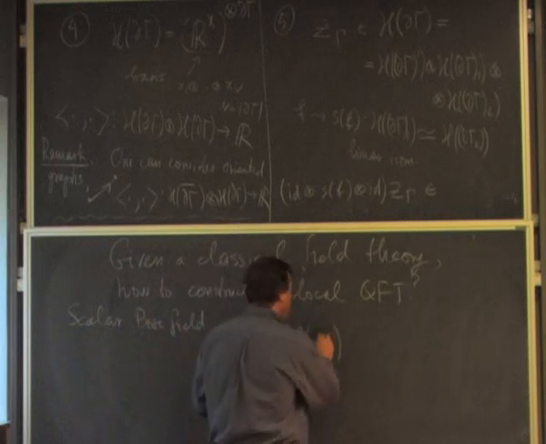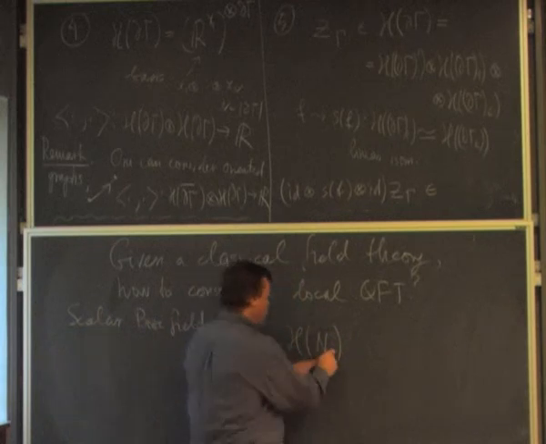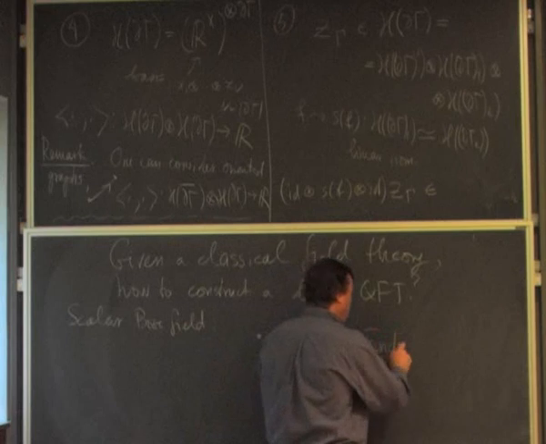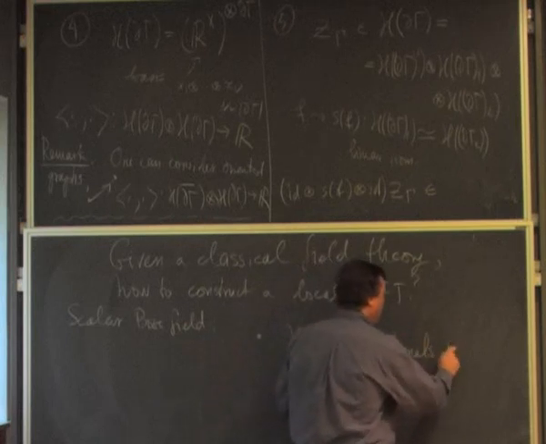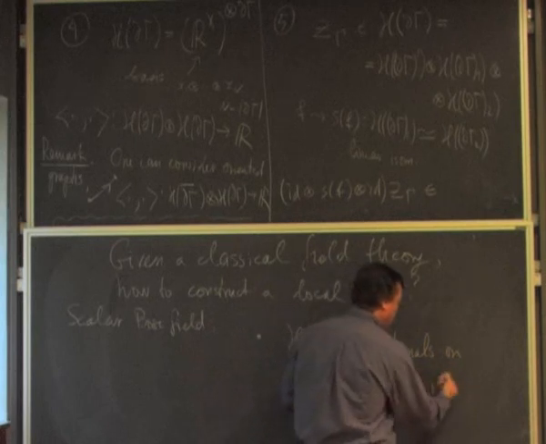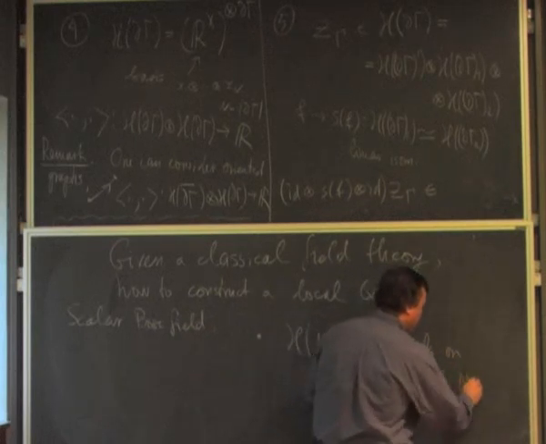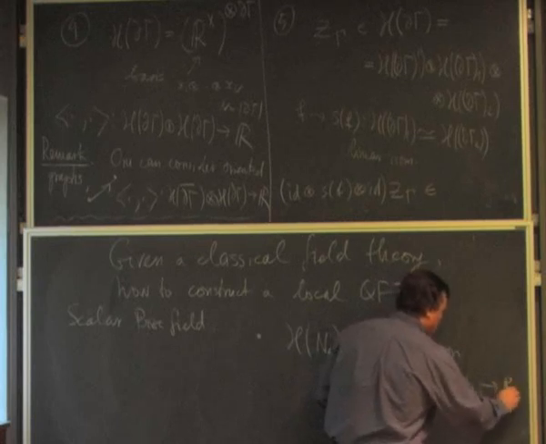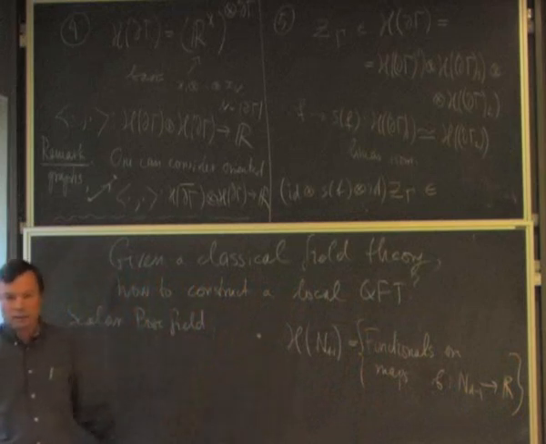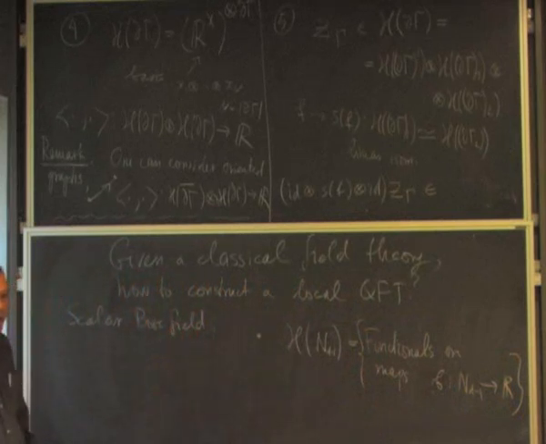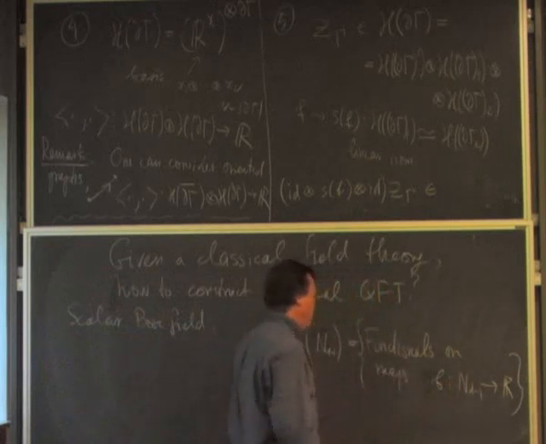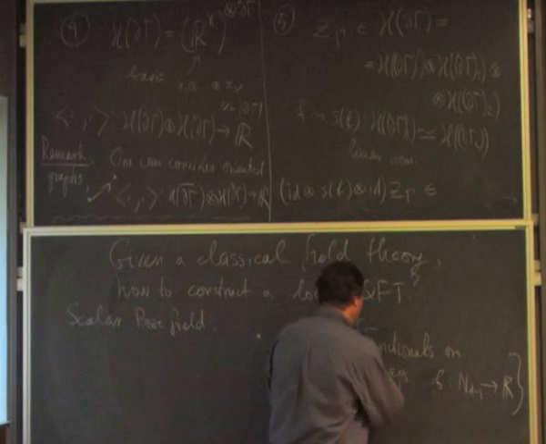Let's take the vector space, the D minus one dimensional one, to be the space of functionals on maps phi, we call it B, from N_{D-1} to R. Just a set, not a whole G. And let's take smooth maps.